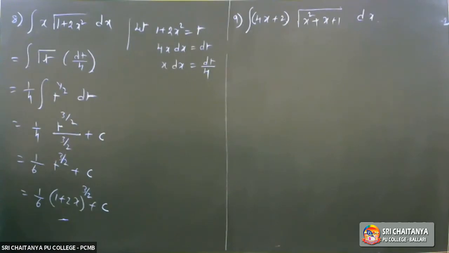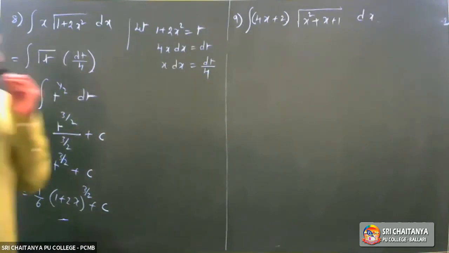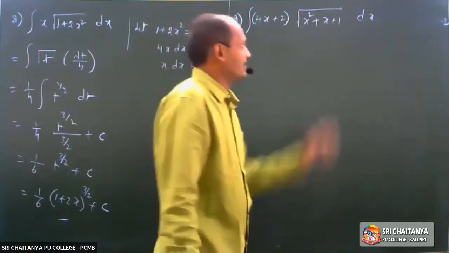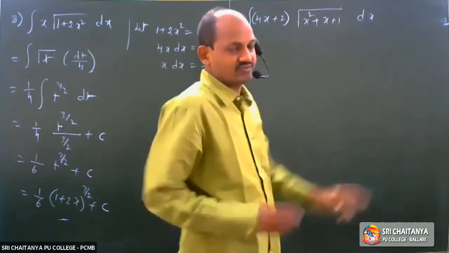Here which term do we have to consider as t? 4x plus 2, or x square plus x plus 1?